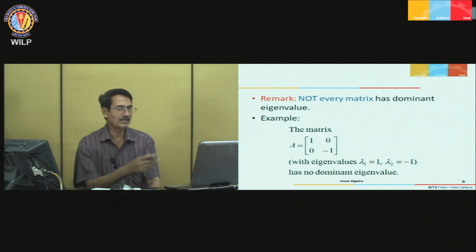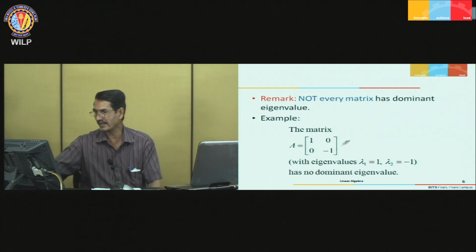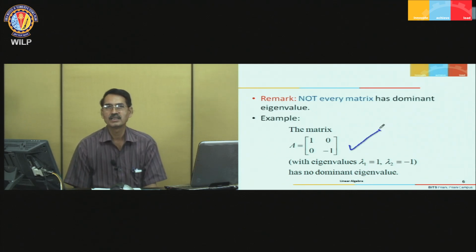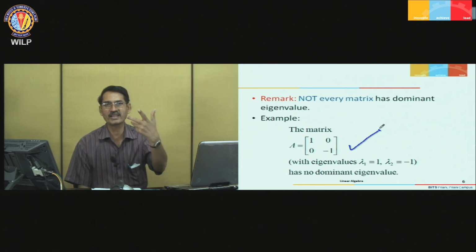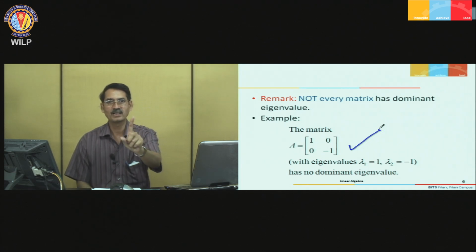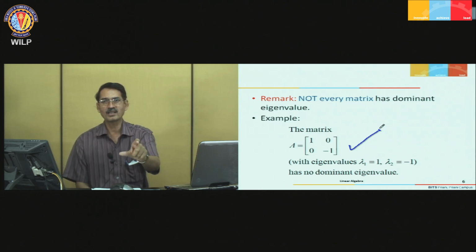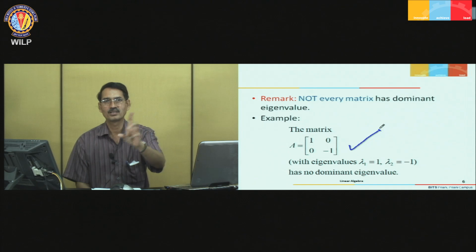Take the example given here, the matrix A with rows 1 0 and 0 minus 1. This is a diagonal matrix, and the eigenvalues of any diagonal matrix are its diagonal elements.